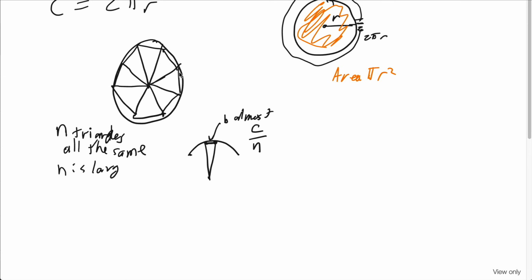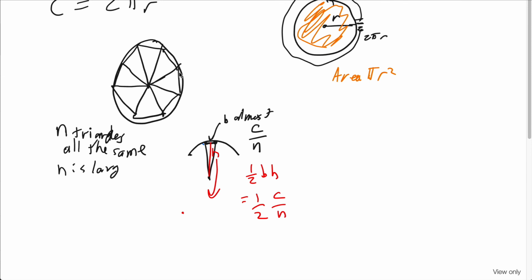Now, what's the area of such a triangle? Well, the area is 1/2 times the base times the height. The base, we already said, was c over n. And what about the height? Well, these are very narrow triangles, and the sides here, let me use a different color for those.